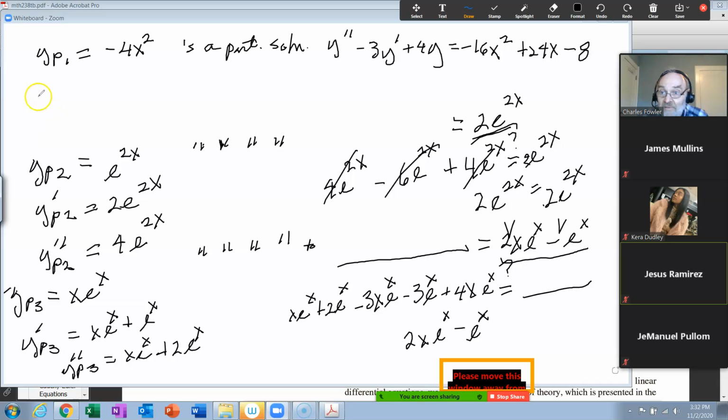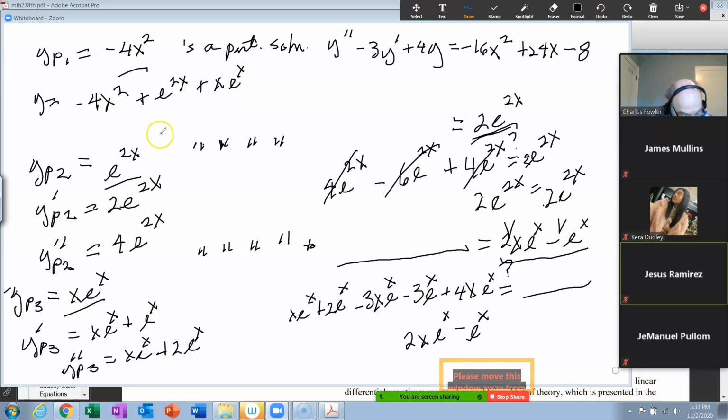That y is equal to y sub p sub 1, that's this one, plus y sub p sub 2, which is this one, plus y sub p sub 3, which is that one. And this will be, I guess they just wrote them down, minus 4x squared plus e to the 2x plus x e to the x.